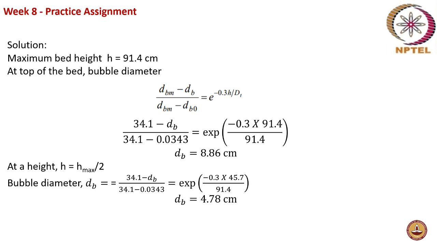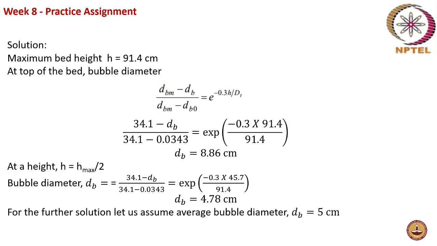Now we have to assume this as an average bubble diameter. This is along the midpoint of the height of the bed, so based on the height of the fluidized bed. Based on that, we take an average bubble diameter of 4.78, which we can approximate to 5 centimeter. Are you able to get this point, Kirtana?